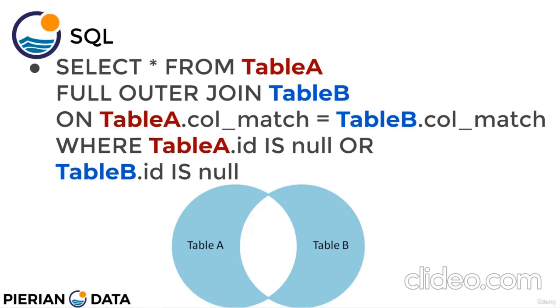That essentially means we're looking for the actual values where one of the tables' ID columns is null or the other table's ID column is null. Essentially the opposite of an inner join, because this will only grab things that are unique either completely to table A or unique to table B. Keep in mind, I could have switched the order from table A to table B because this is again symmetrical right down the middle.